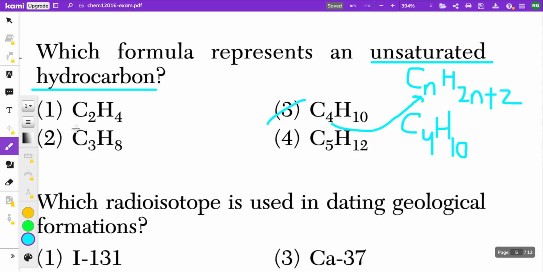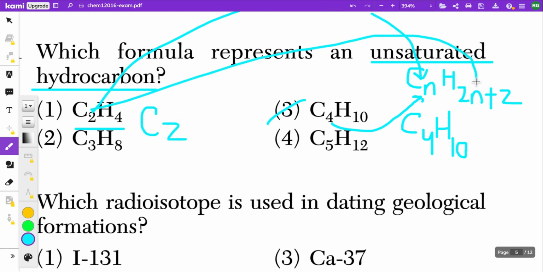Let's look at C2H4. Does it follow this formula? If you plug in 2, you're going to get C2, and when you plug in 2 right here, you're going to get H6. Oh, it doesn't follow this formula. Therefore, 1 is our answer, because this isn't an alkane.